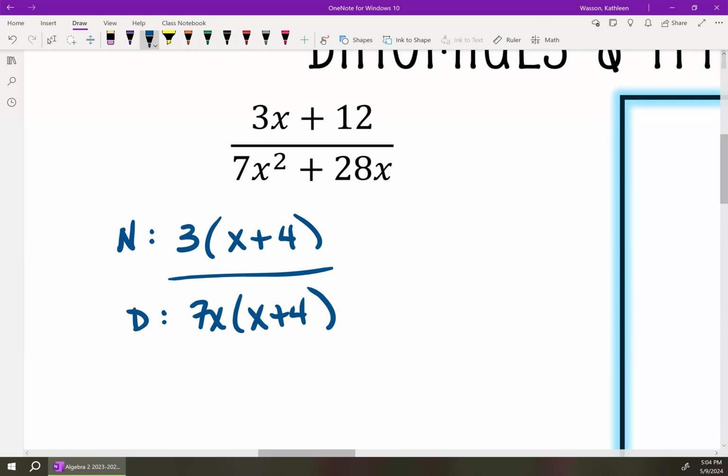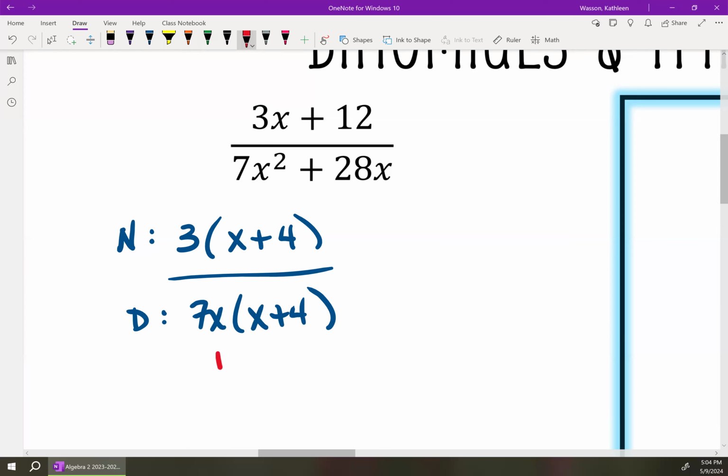And you can see we have a common factor here. That's how we'll reduce the fraction. That's how we'll divide. But before we reduce and eliminate a factor, we need to make sure that we don't allow x to be any value that would change the denominator to 0.